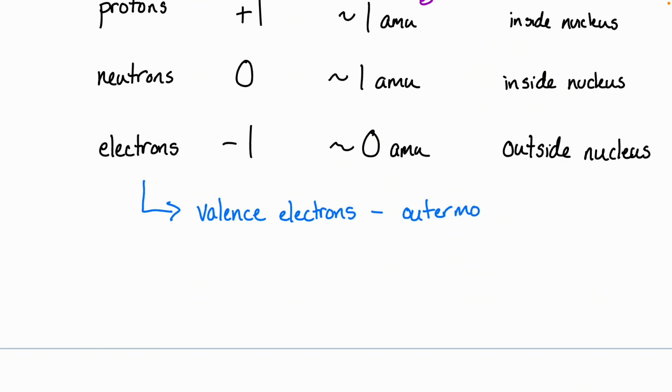Those are the outermost electrons in an atom. And this term outermost means both physically, they are the ones that are located on the outermost layer of the atom, but also the highest energy electrons.